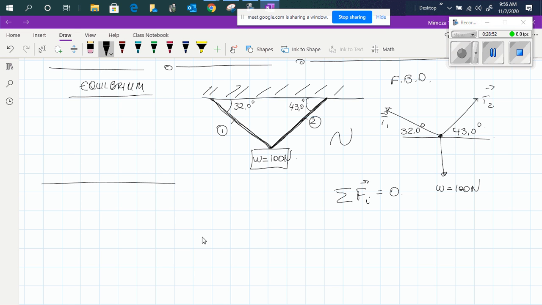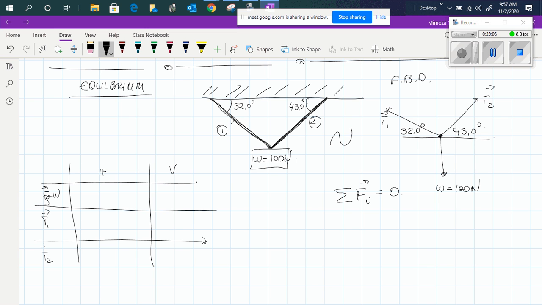Then what we do is we build the table of components. So we start with force of gravity, or weight, it is the same thing, and then we go tension 1, tension 2, and after we are done with all the forces that the object is experiencing, then we write force net. So the horizontal component of force of gravity is equal to 0, the vertical component is negative 100.